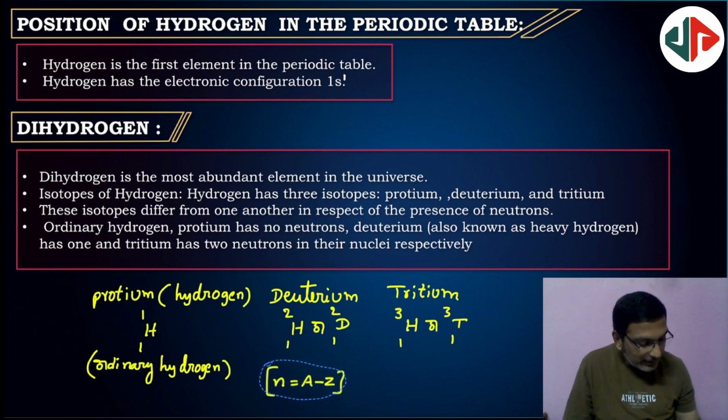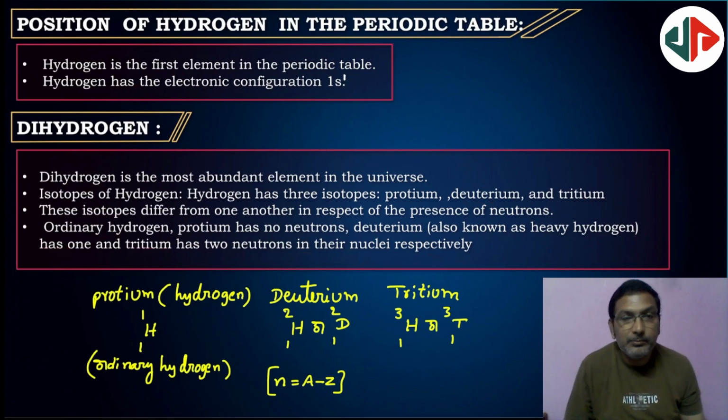Protium has no neutrons. Next, deuterium, which is also known as heavy hydrogen, remember this point, has 1 and tritium has 2 neutrons. So this is about position and isotopes of hydrogen.